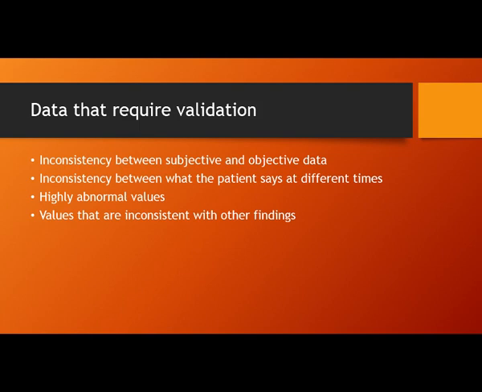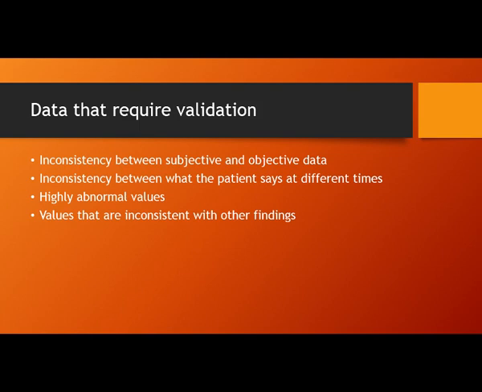Other things: maybe a value is highly abnormal, like for example, if your hemoglobin has been okay, and then suddenly it's 6. Well, it could be that the person has lost blood and it's now 6, but it could also be that the lab specimen got mislabeled, and so it's being reported as 6, but it's not 6 at all.